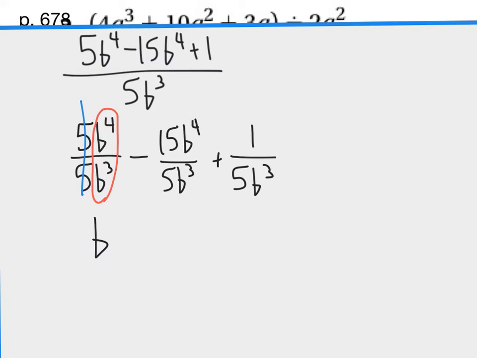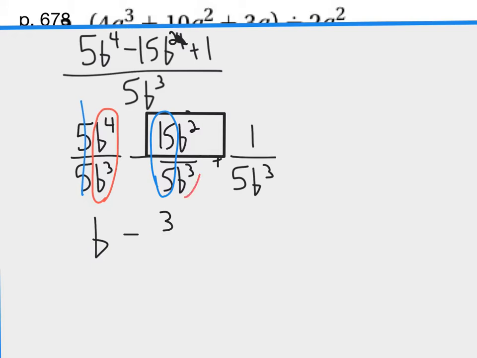And I just recognized that I made a mistake here. This should have been 15b squared instead of to the fourth power. So just to make sure we don't get confused with this. So at this point, the 15 and the 5, you can reduce both of those by 5, and that would give you a 3 in the numerator.